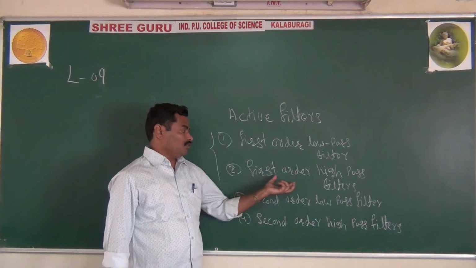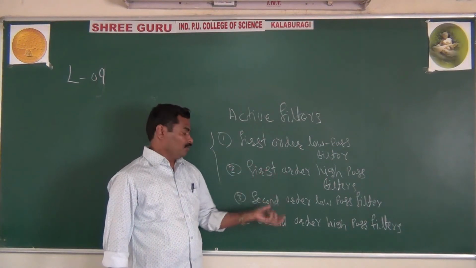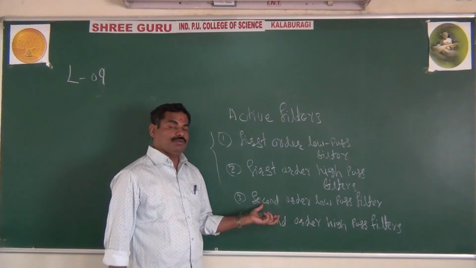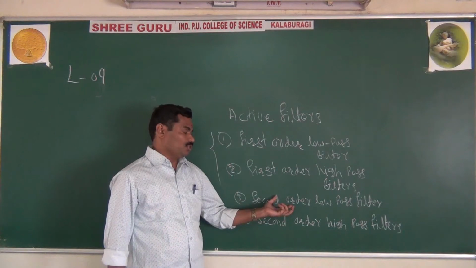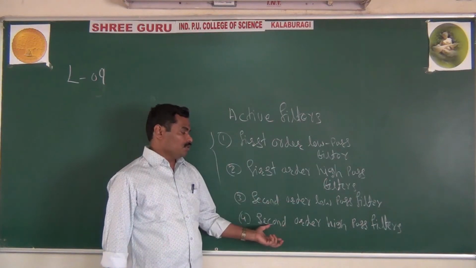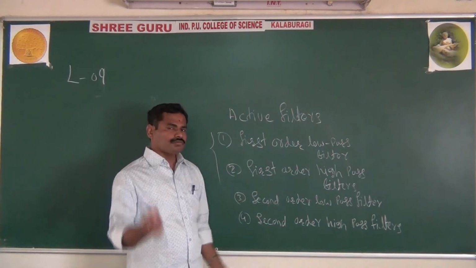It means in first order you are using only one RC filter along with the op-amp. But in second order you are using two RC filters along with the op-amp. That is the second order low pass filter and second order high pass filter, first order low pass filter and first order high pass filter.